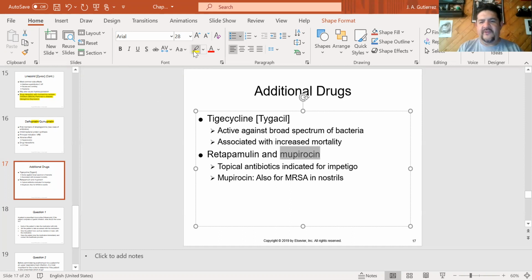Mupirocin. These are topical antibiotics. Mupirocin, you can find it on the shelves. No, sorry, it's a prescription antibiotic. It's a cream used for skin infections and for MRSA infections on the skin.